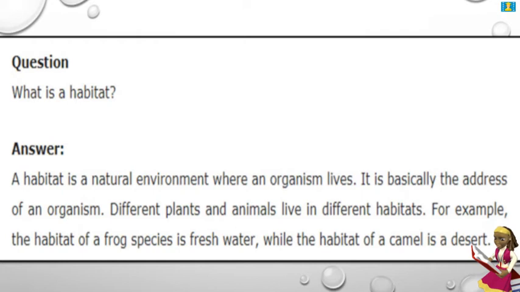It is basically the address of an organism. Different plants and animals live in different habitats. For example, the habitat of a frog species is freshwater, while the habitat of a camel is a desert.